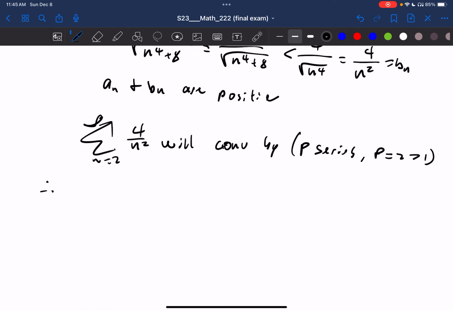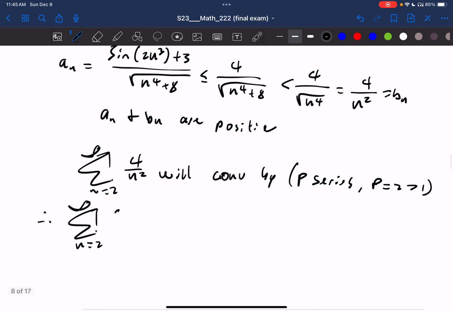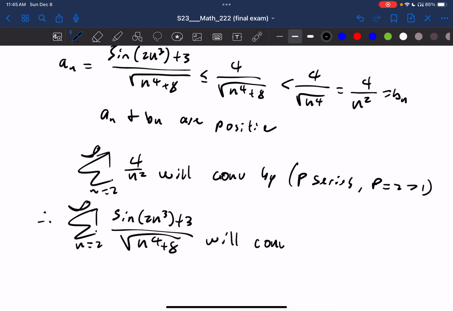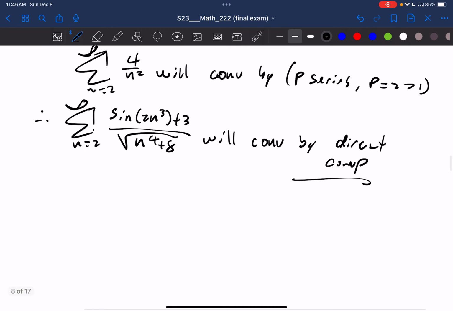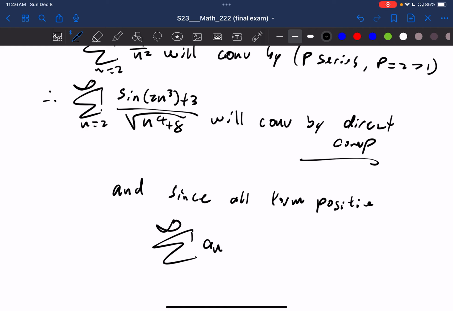So therefore, sine of 2n to the 3rd power plus 3, all divided by root of n to the 4 plus 8, will converge by direct comparison. And since all terms are positive, it will converge absolutely.